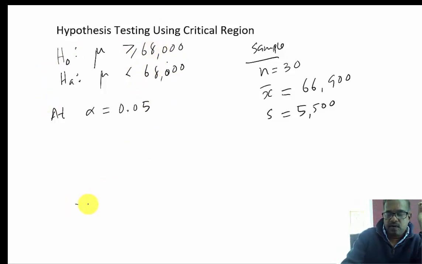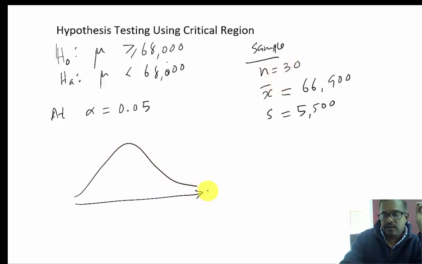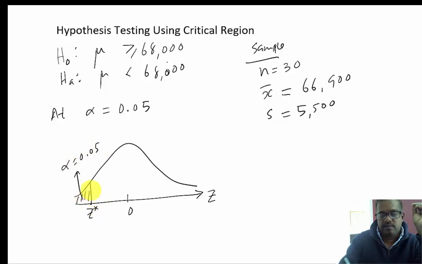So we are looking for in the Z, because n greater than or equal to 30, so we have to do standard normal in the Z curve, and since this is the left test, alpha equal to 0.05, this is alpha, 0.05. We want to know this Z value that corresponded to this situation.